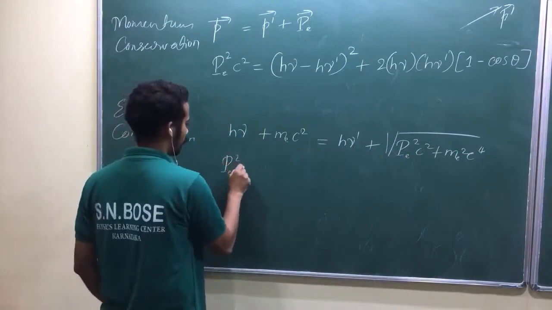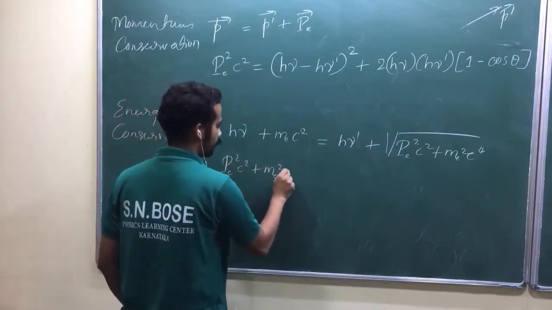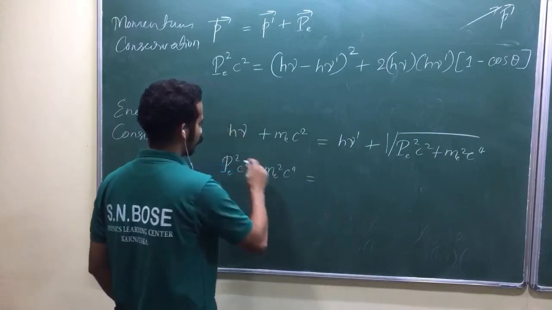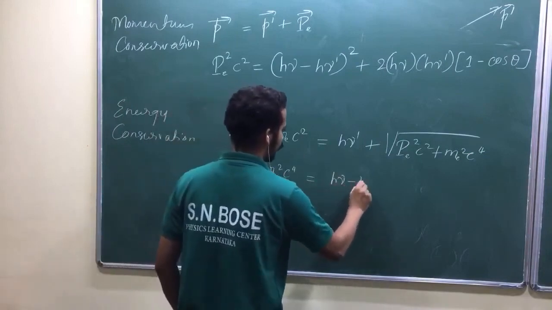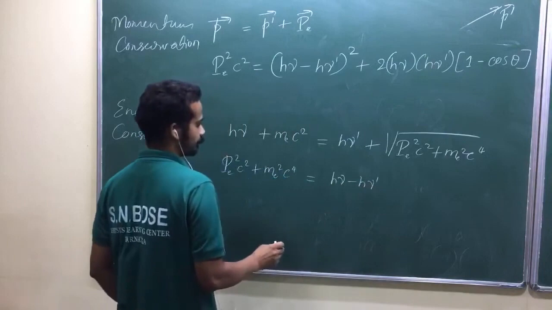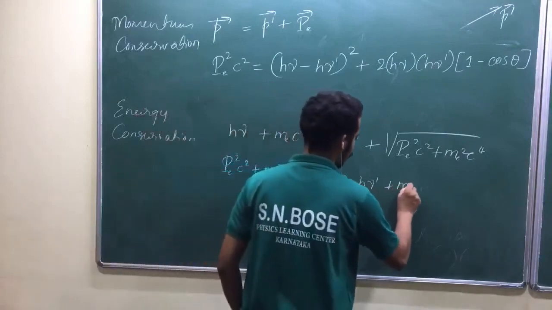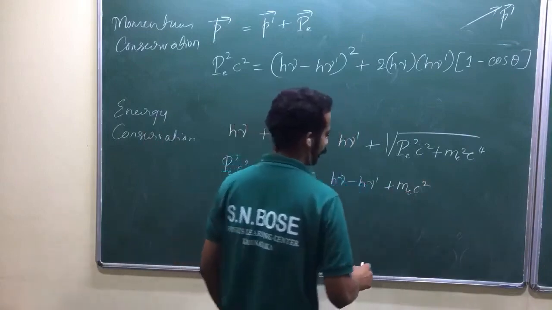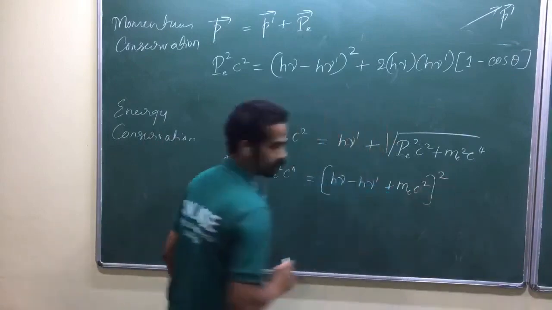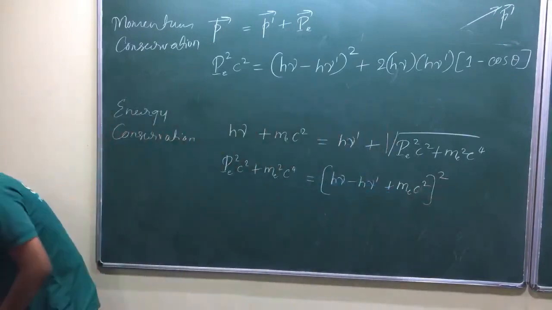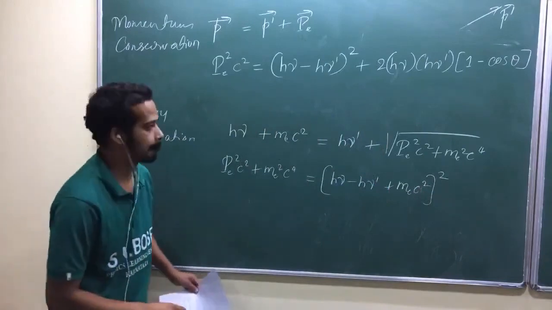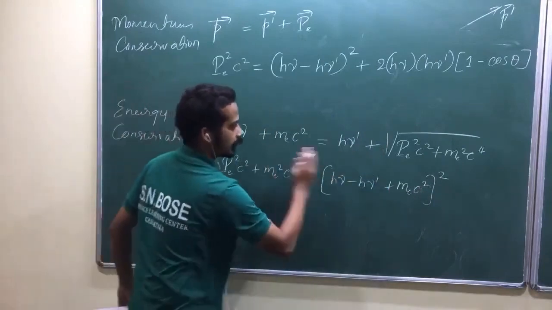So Pe square c square plus me square c power 4 is equal to h nu minus h nu prime plus me c square, the whole square. Just check it out. I have taken it here and squared it.